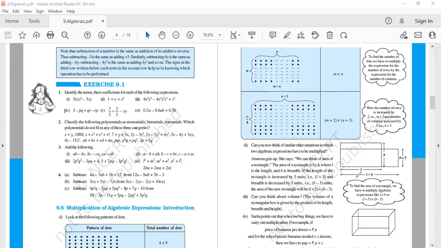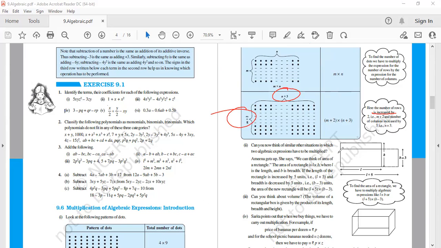Here the number of rows is increased by 2, meaning M plus 2, and columns are increased by 3. So how many rows and columns will there be?